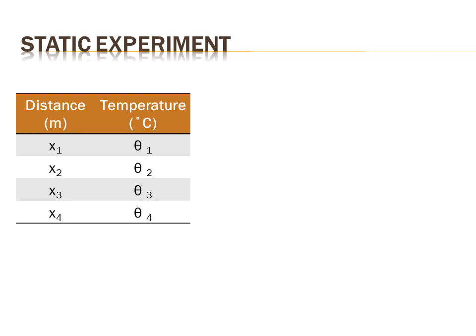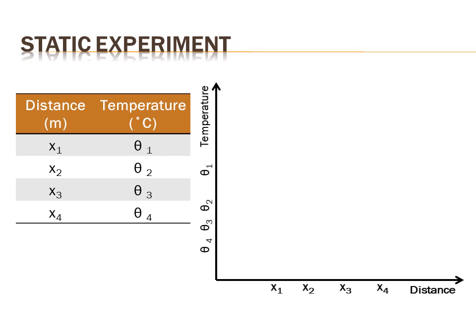Similarly, the steady state temperatures of the thermometers T1, T2, T3 and T4 are noted as theta 1, theta 2, theta 3 and theta 4 respectively. These are plotted in a graph where the distance of the thermometers is plotted along the x-axis, and the steady state temperatures of the four thermometers are plotted along the y-axis.